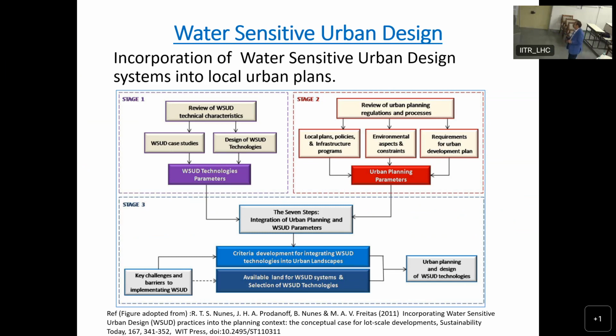In stage 2, what are the current urban planning and regulation processes?